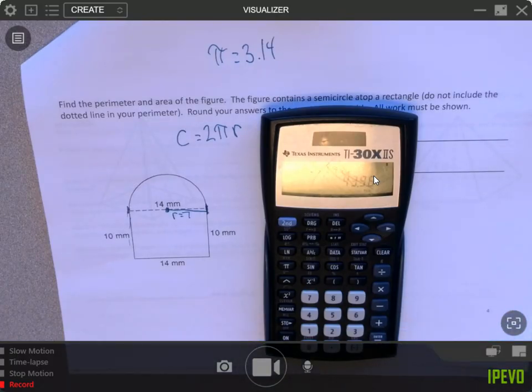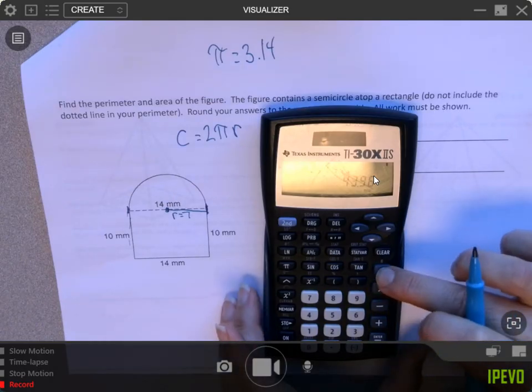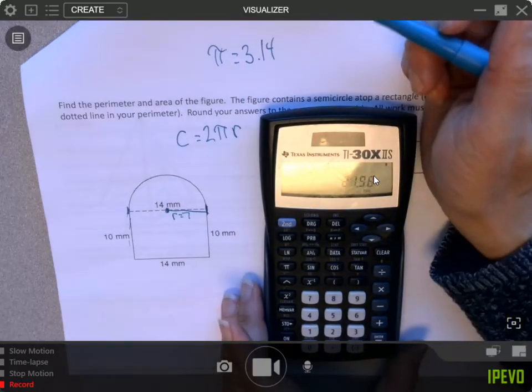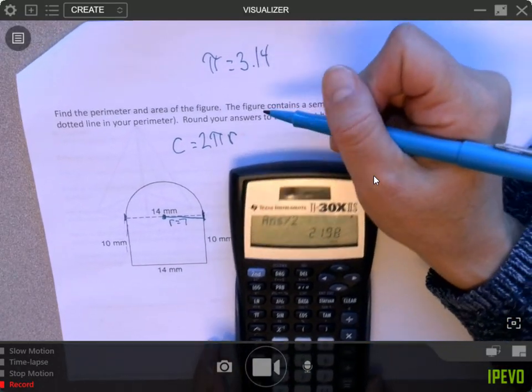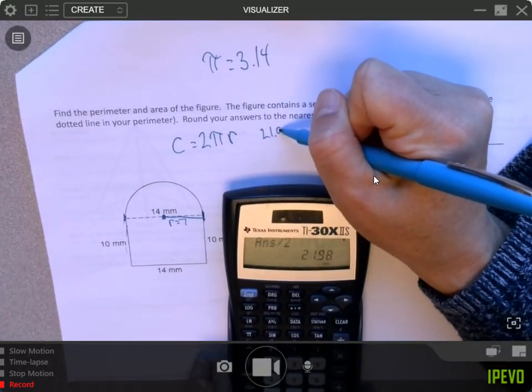Keeping in mind that that's the circumference of a full circle. This is a semicircle. So what do I have to do? Divide by 2. You are right, Beckett. So for the circumference of the circle, I could have 21.98.